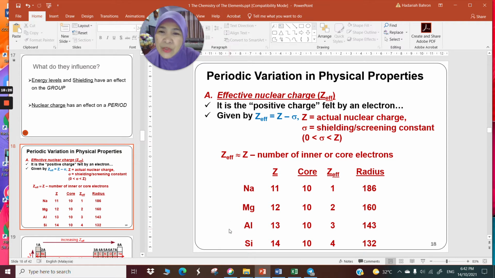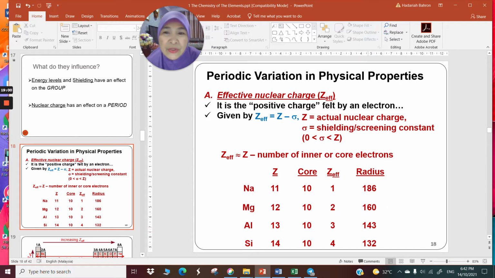But in aluminium, you have 13 protons minus 10 core electrons. So you get an effective nuclear charge of 3. That means 3 electrons outside are experiencing a 3 plus pull towards the nucleus, a lot stronger than a pull of 2 or a pull of 1. So aluminium is smaller than your magnesium and your sodium.